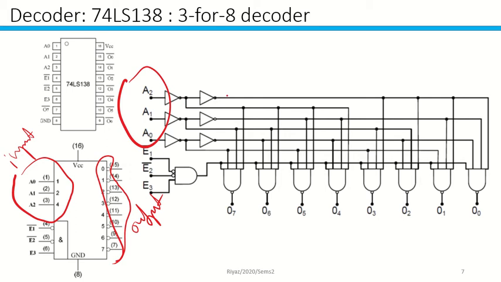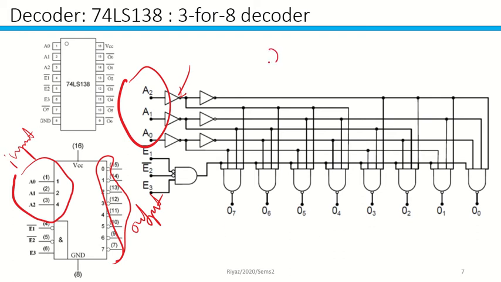Then you're going to have the negative output. This one is bar, and there's another bar over here, so the outputs are 0, 1, 2 until 7, and one of them will be activated.